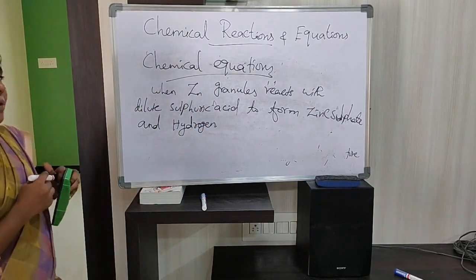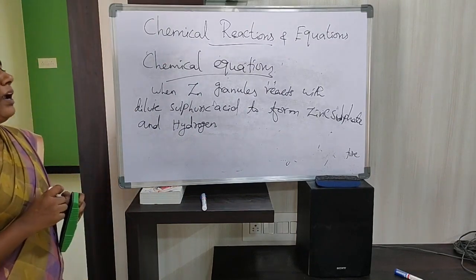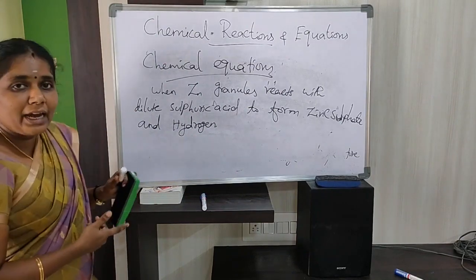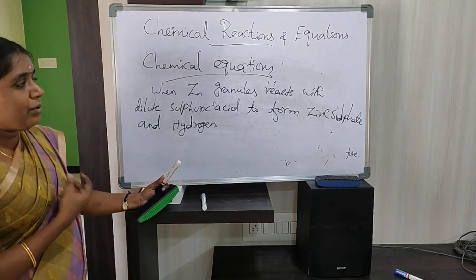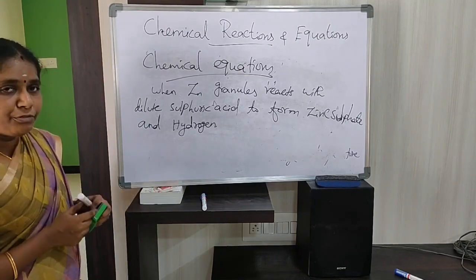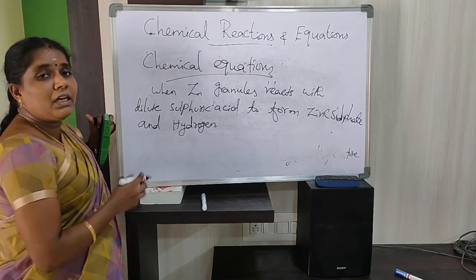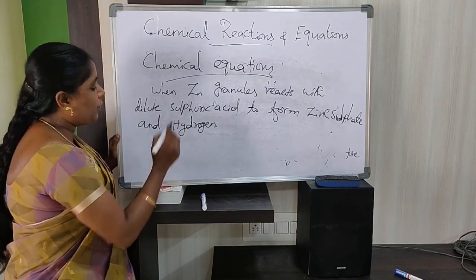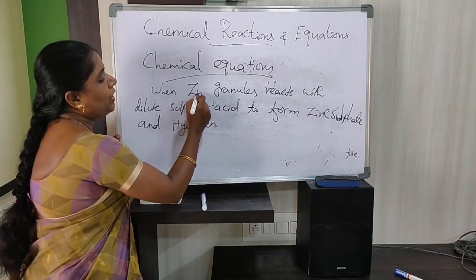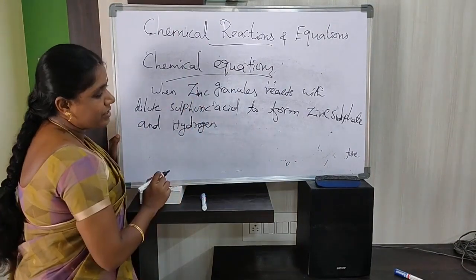See, this is one of the chemical reactions. Now we need to write this chemical reaction in a short way by using symbols and formulas. Before this, first you have to note it with the help of a word equation. How do you write the word equation? Here zinc granules are given.